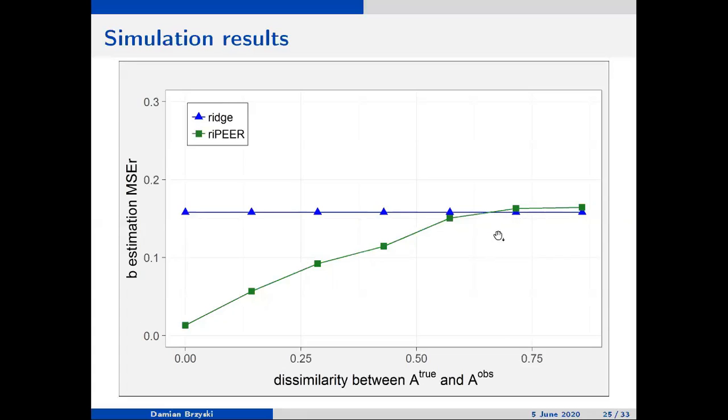If the data suggests that the additional information you are providing is incorrect, the method may decide to not use it, and it may just go in the direction of Ridge. We think about that as a very nice property of the methodology we were working on.